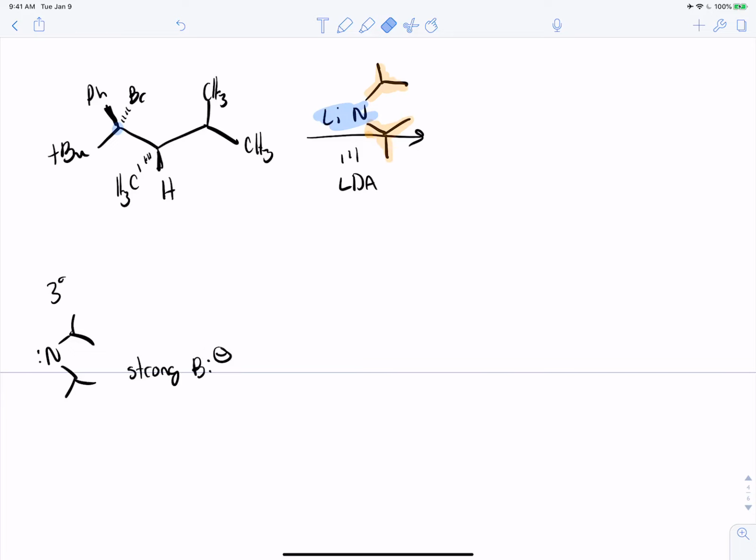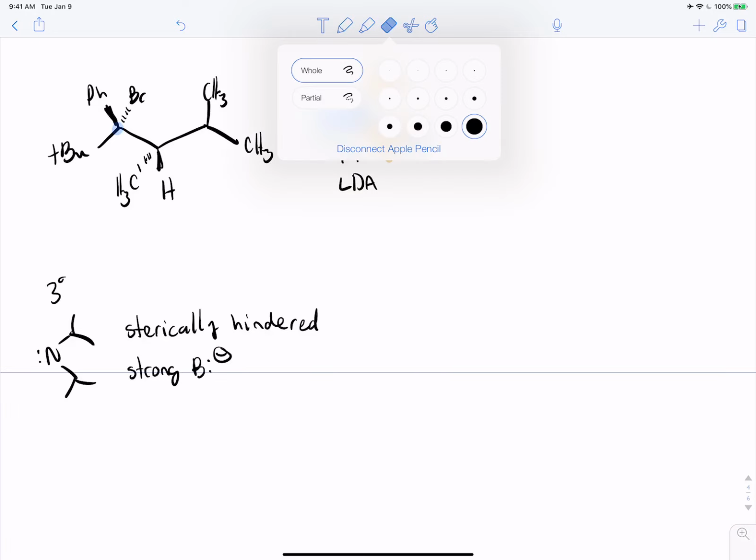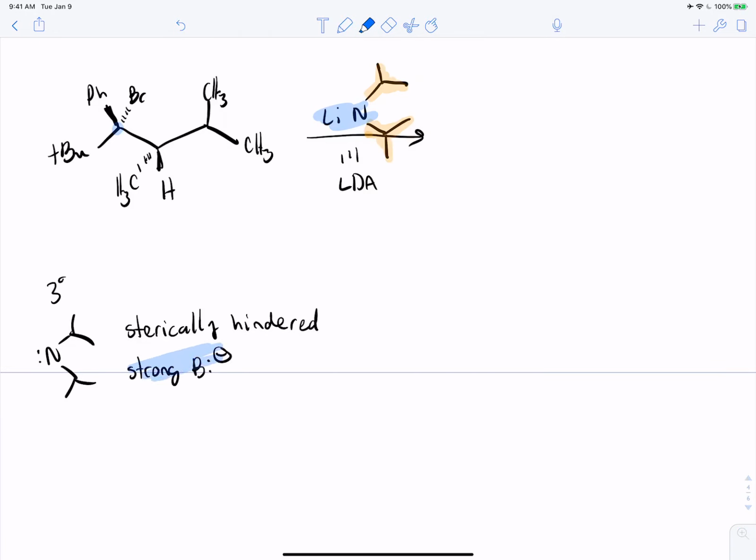Let's call it a sterically hindered strong base. And in your mind, hopefully, when you hear those words, you should immediately think of an SN2 reaction not being favored. All right, but so we've got a sterically hindered strong base. Those are generally going to favor E2.